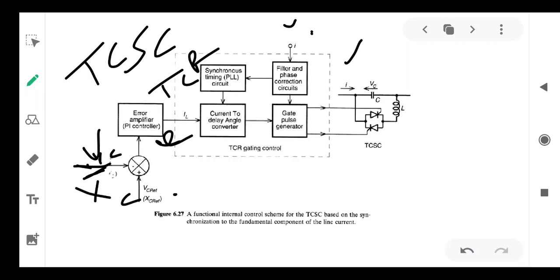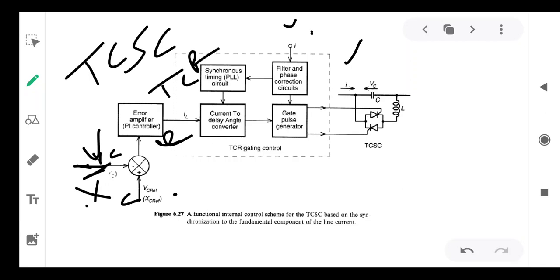So based on your requirements, when the VC is low, the error will be more. Therefore, based on the error, you will get more IL, and hence more ITCR, and hence the overall capacitive current can be decreased.